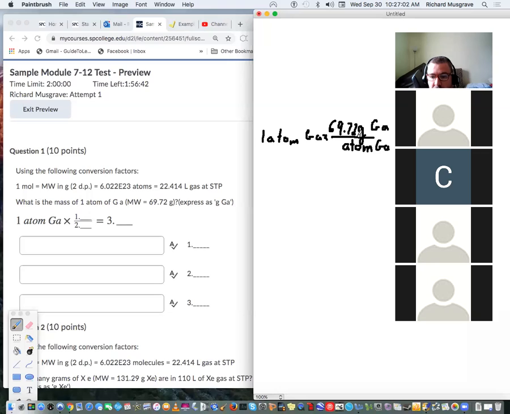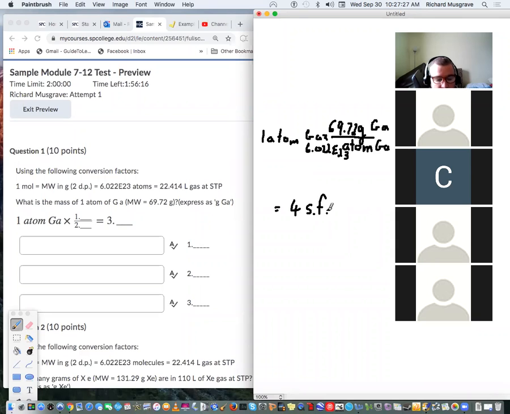So you don't even have to look that up. And it's 6.022 times 10 to the 23, or E23 atoms of Ga. And these are the numbers, of course, that will go into 1 and 2 of your answers. And then when you're figuring out the number of significant figures, it's going to be 4 significant figures.